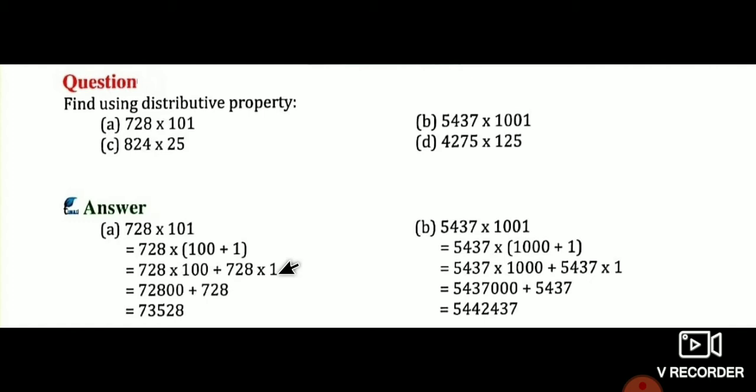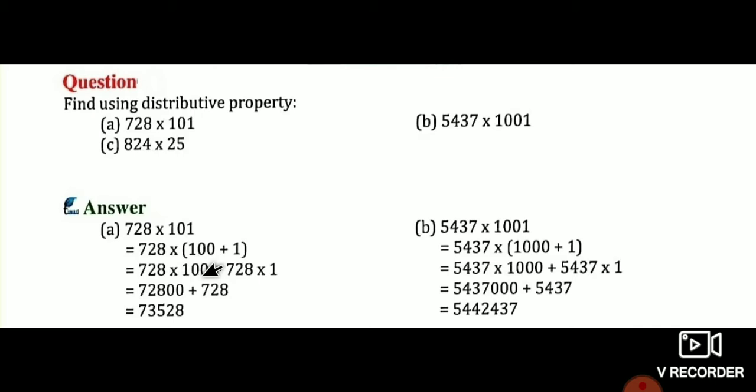You are writing it in the form of the distributive property, that is a into (b plus c) is equal to ab plus ac. Here we are writing 728 into (100 plus 1) as 728 into 100 plus 728 into 1. Then you have to add.